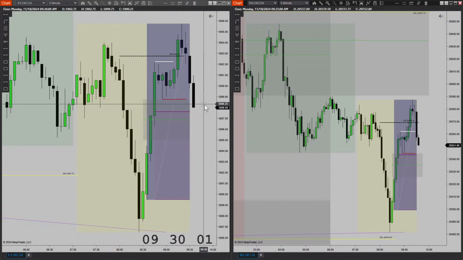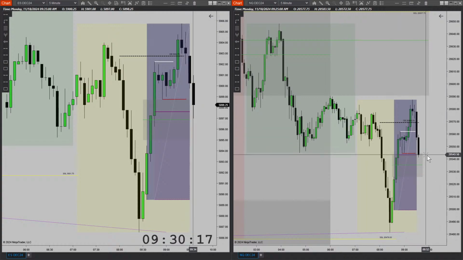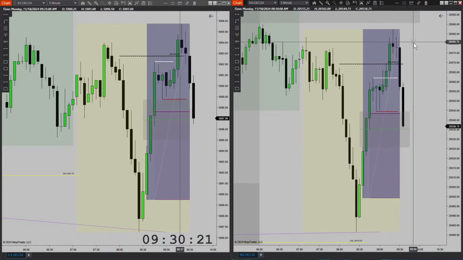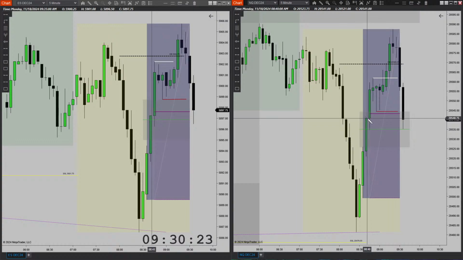All right, so we just opened there, and I do want to jump in quick. But I want to see an inversion get taken first, because if I jump in right now, then my stop is all the way down here, and that's about a 41 point stop.